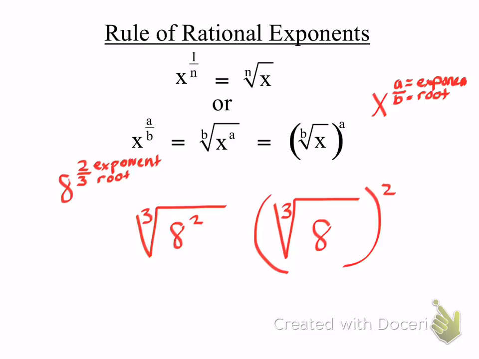So I can square underneath and make this the cube root of 64. And what is the cube root of 64? 4. Or I can do this: the cube root of 8 is what? 2. Yeah, and then we square it, and we end up with 4.